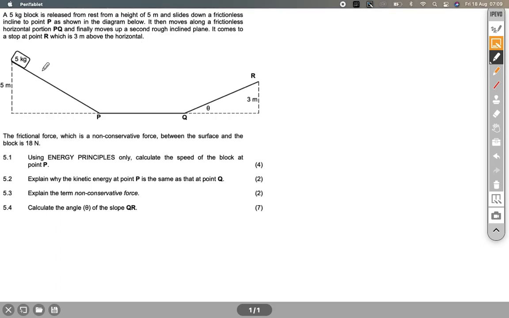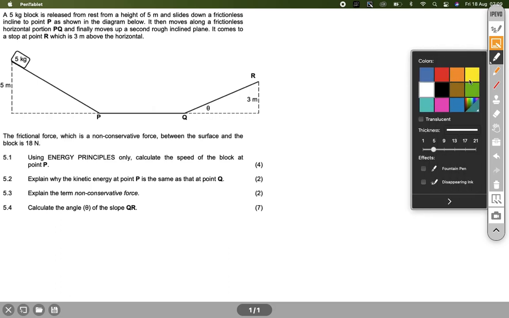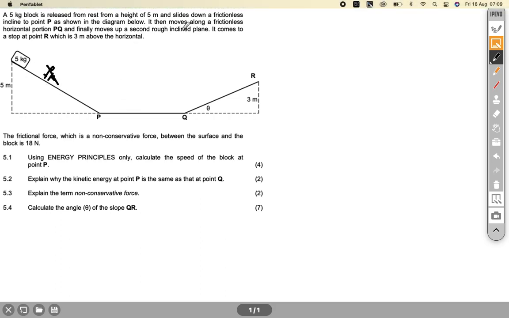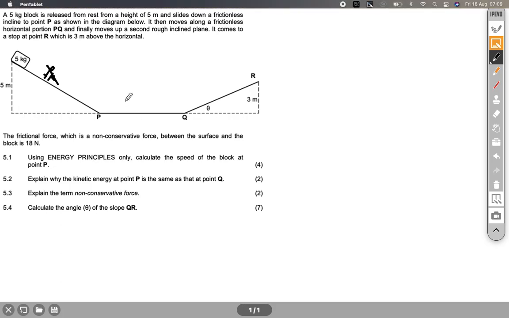So there's no friction, so we'll say Fk is not there. And then it moves along a frictionless horizontal portion PQ. So even here, Fk is not present.